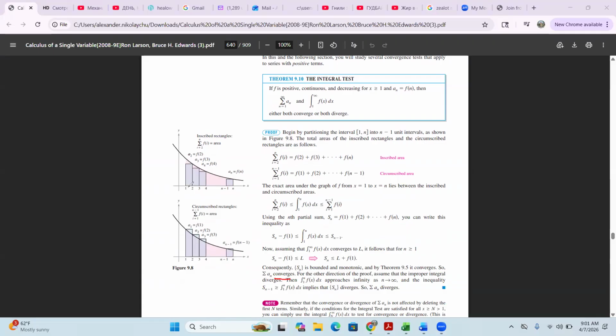So what they do is they actually justify it by breaking the area under the curve, which corresponds to the definite integral, into pieces with base 1 times height, which is our value of the function.